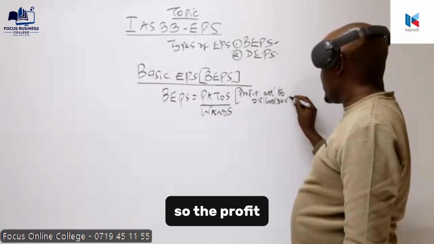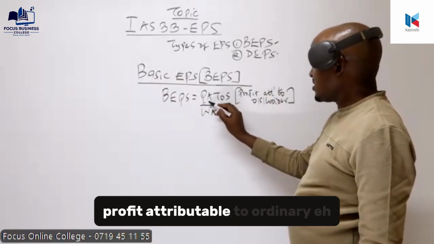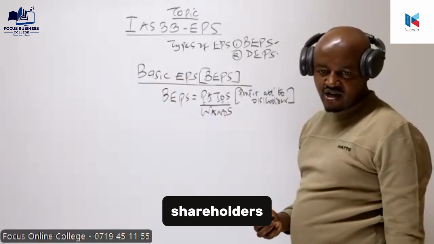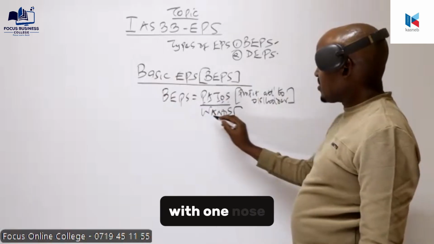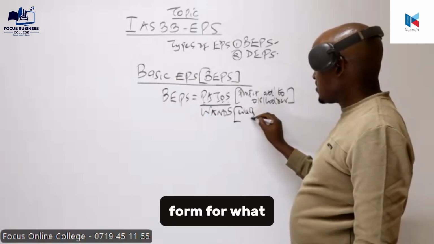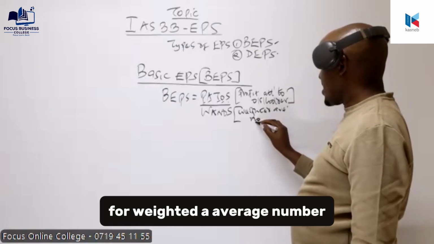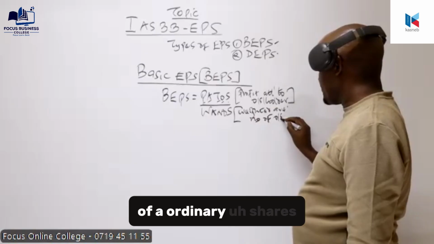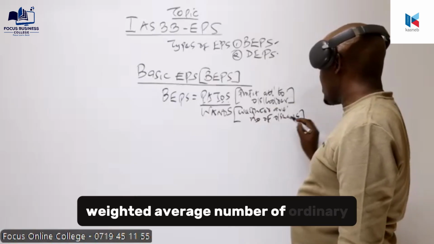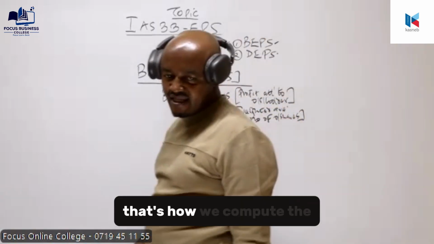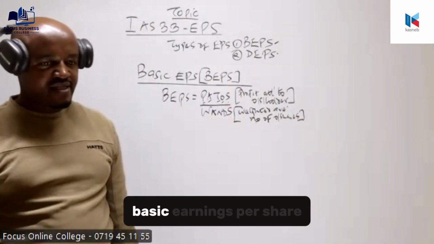So the profit attributable to ordinary shareholders, and basically we divide that by the WANOS. WANOS is the short form for weighted average number of ordinary shares. So basically that's how we compute the basic earnings per share.